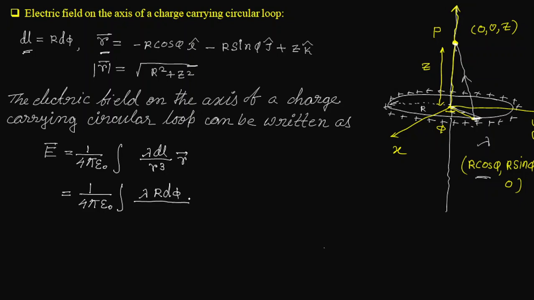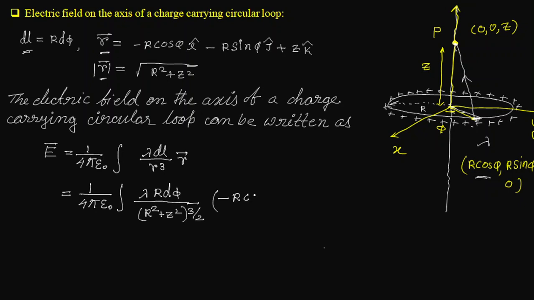and then we have already calculated mod of r, which is under root of r square plus z square. So the cube of this, mod of r cubed, will give us r square plus z square whole to the power 3 by 2, and then we have to put the value of this r vector.